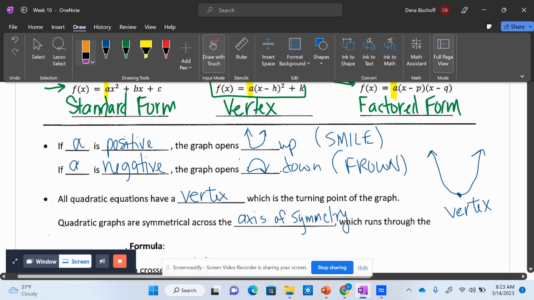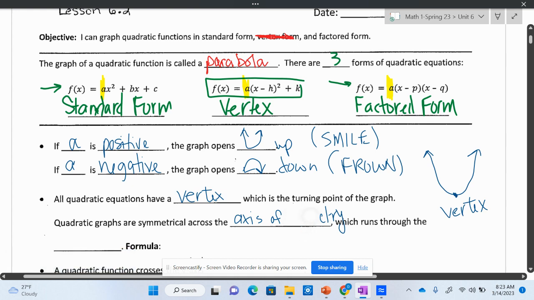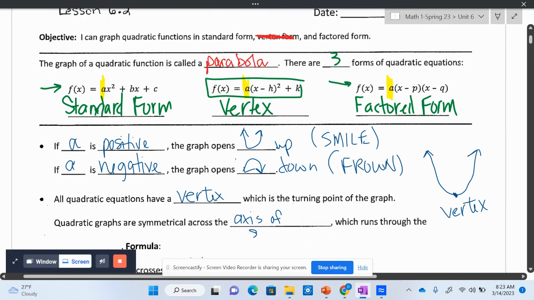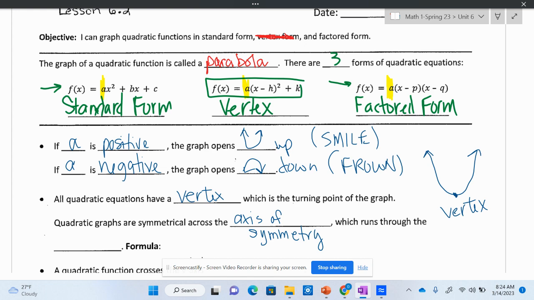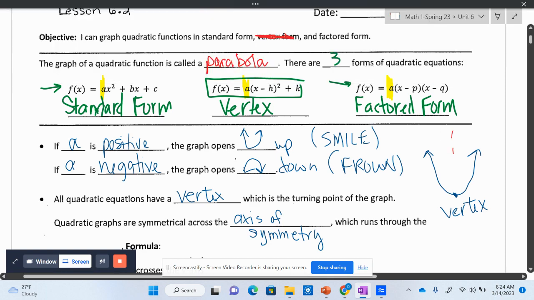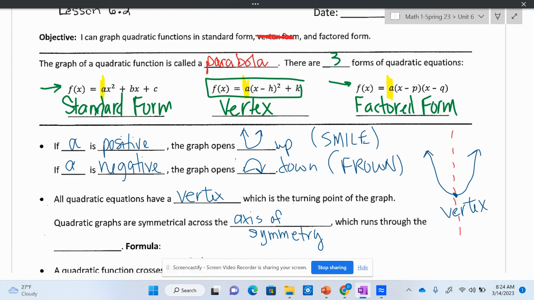It's called the axis of symmetry. I'm going to write the word symmetry below the line because I can't fit it on there. S-Y-M-M-E-T-R-Y, the axis of symmetry. So when I look at that sketch that I just made over here, your axis of symmetry is this little dashed line, and it cuts the parabola in half.